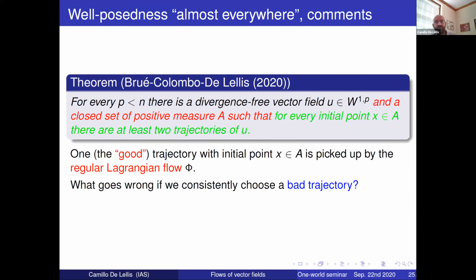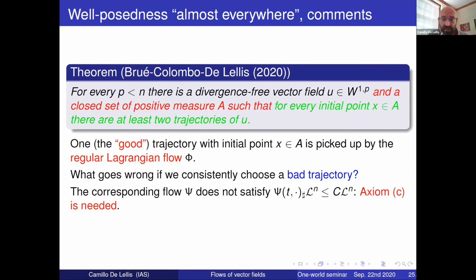So the upshot is that if we consistently choose the bad trajectory, what goes wrong is this axiom, which I gave you for the definition of the regular Lagrangian flow, which was a surrogate for Liouville's theorem that we can prove when we have a smooth vector field. So this axiom in the theory is really needed.